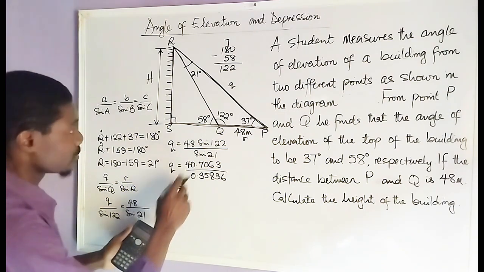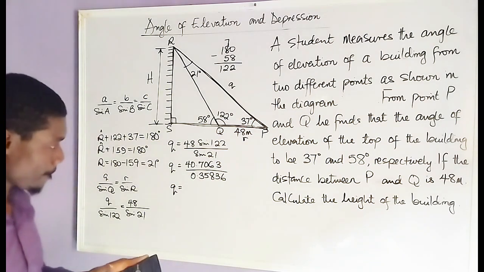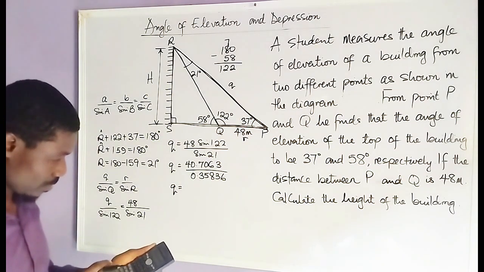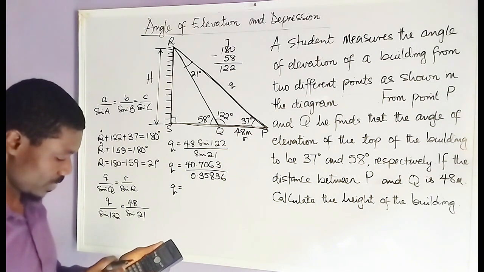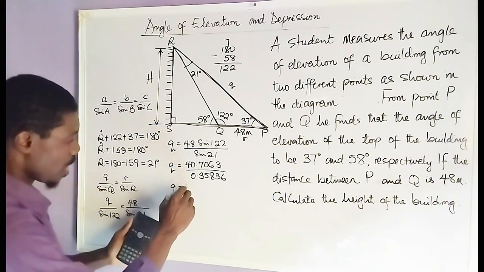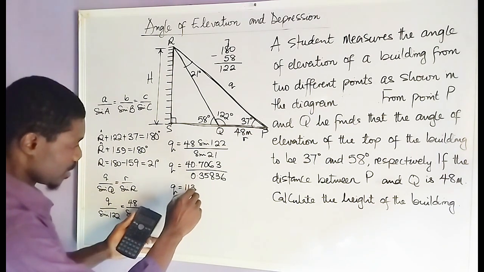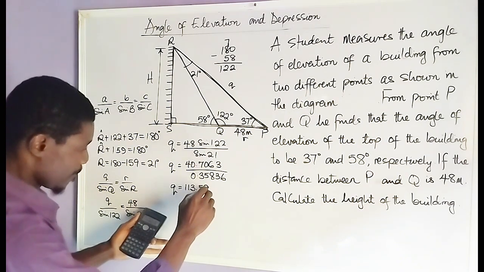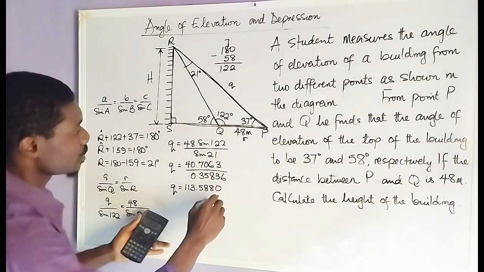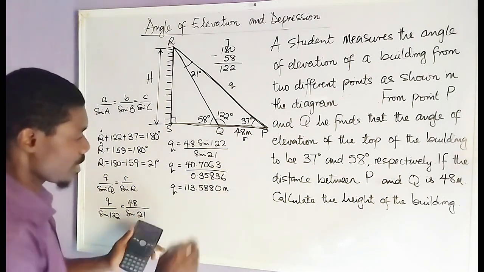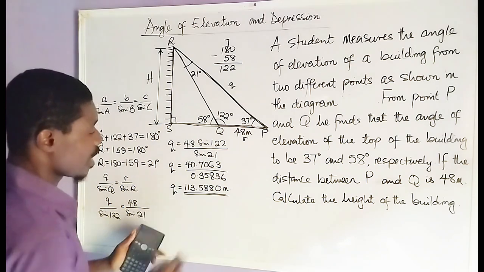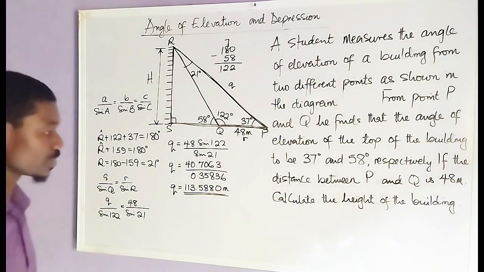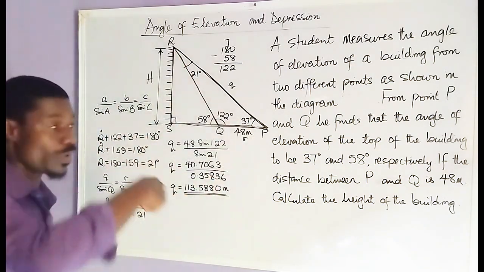Our q will then be 40.7063 divided by this answer, which gives 113.5880 meters. Now this is not the final answer, but just a means to the answer.